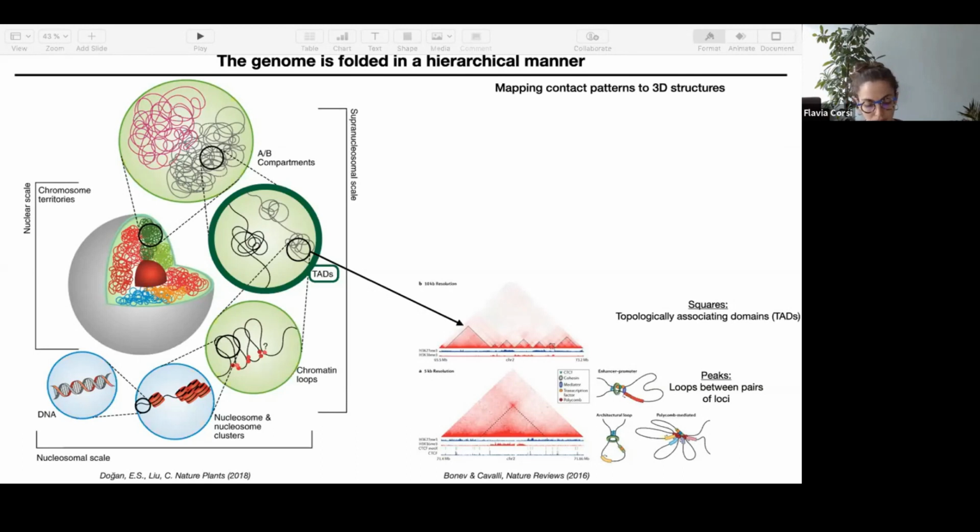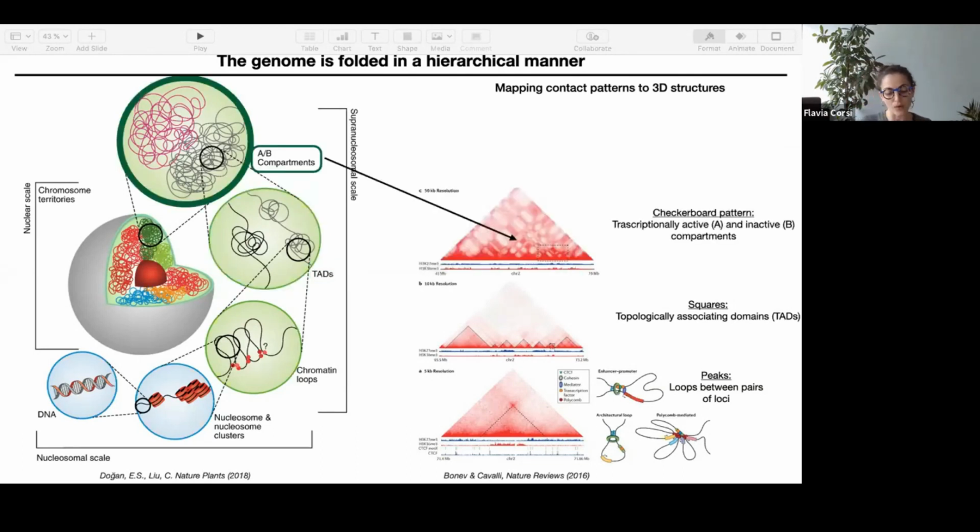If we zoom out further, we see how groups of TADs are grouped together to form chromosome compartments. These chromosome compartments are mostly actively transcribed or inactive, and they are named A and B compartments.